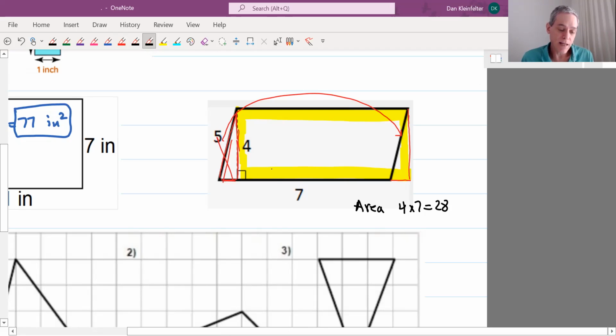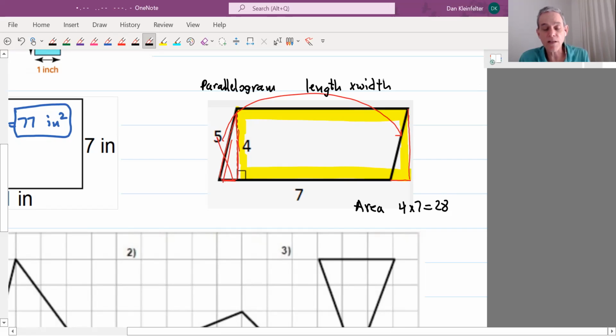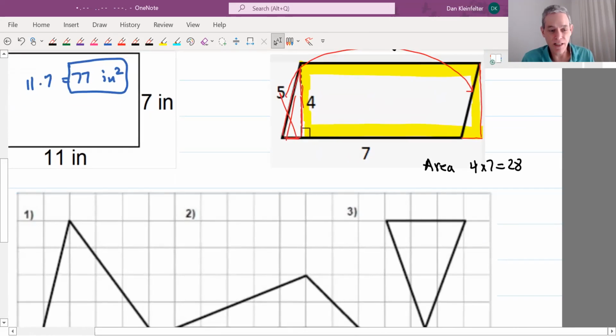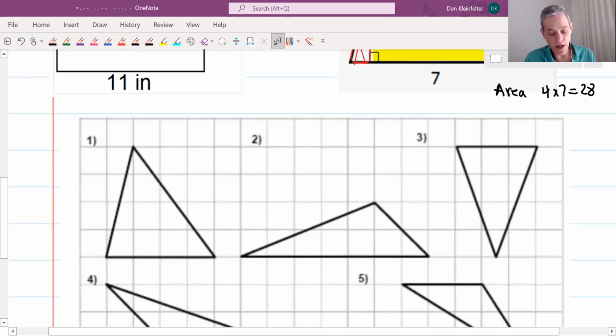So the point here is that for a parallelogram, the area is also length times width, just as it was for the rectangle. Of course, being careful to note that the width or the length is actually the distance between those two parallel sides, not the 5 in this picture. Okay, so parallelograms and rectangles will have the same formula for the area.